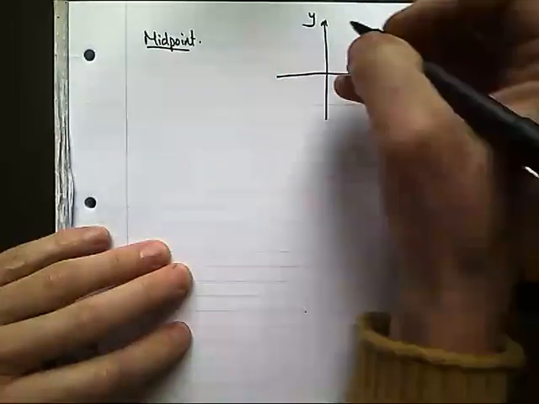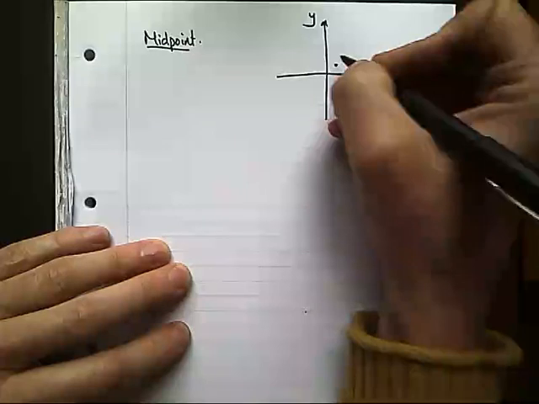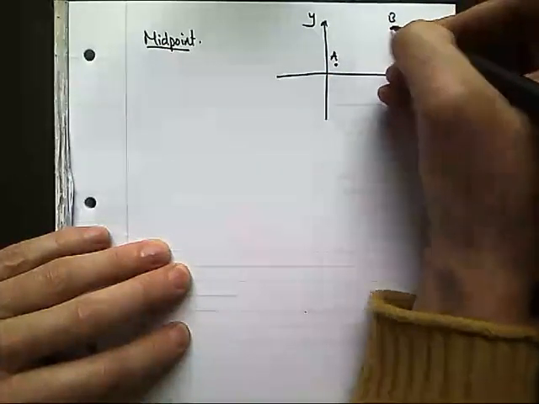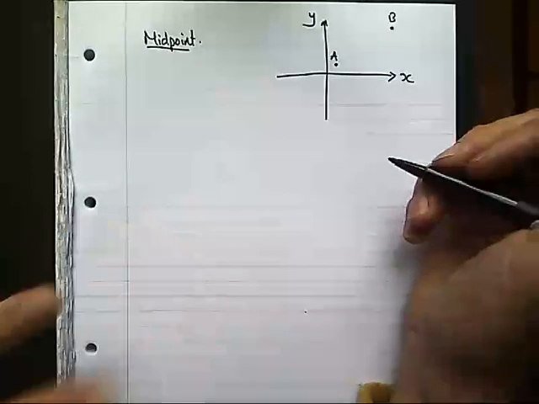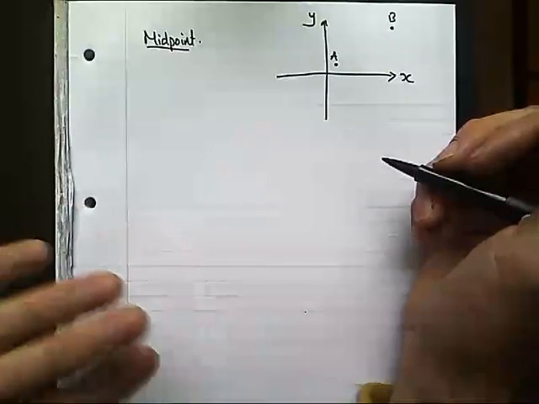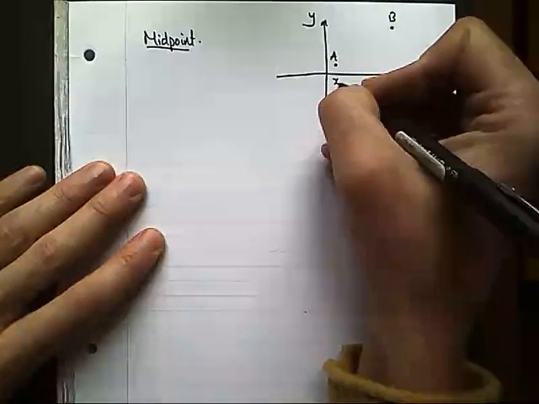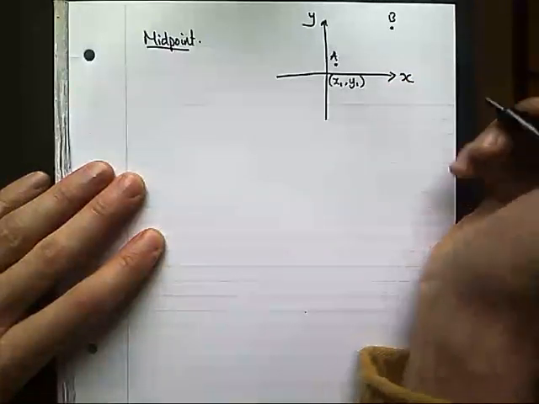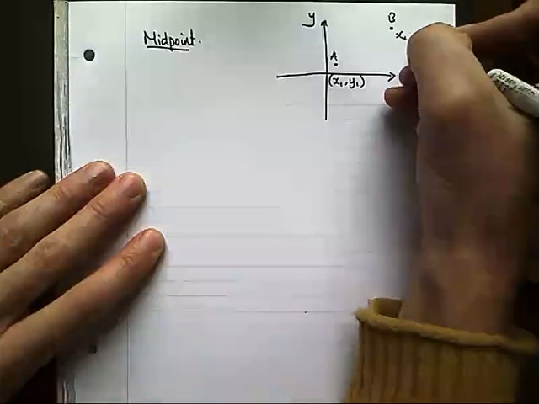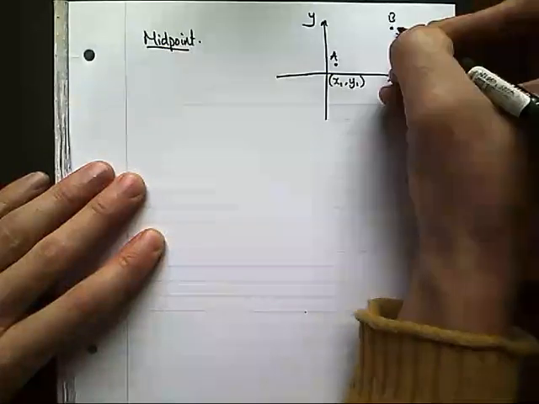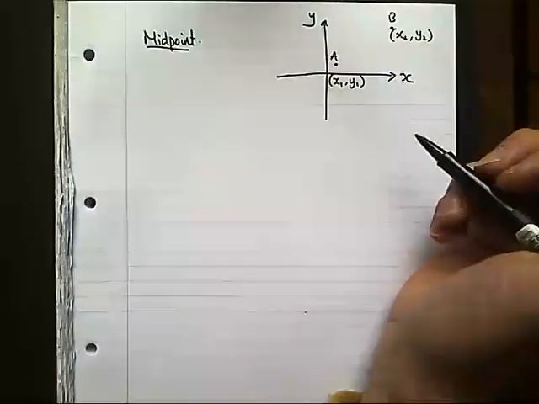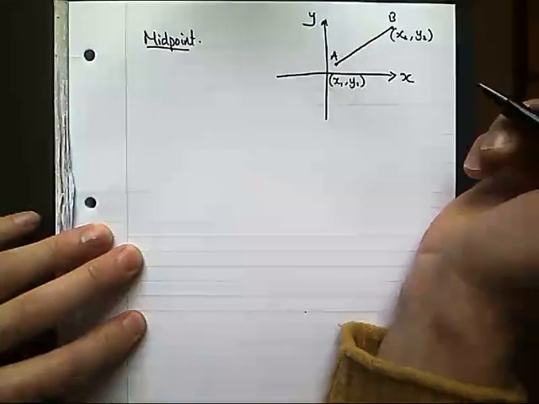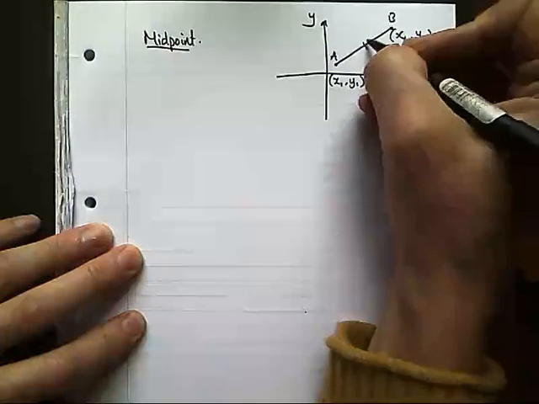Let's say 2 points, one here, let's call this one A, and one here, let's call this one B. These would have coordinates, and I won't give them actual values, but we'll give A (x1, y1), put them in brackets because they're coordinates, and we'll give B (x2, y2). Now, if I were to join up that line, the midpoint of these 2 coordinates will be the bit directly in the middle.